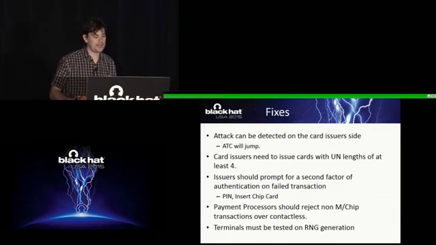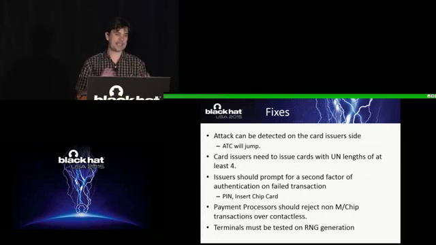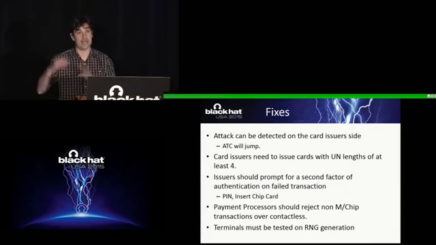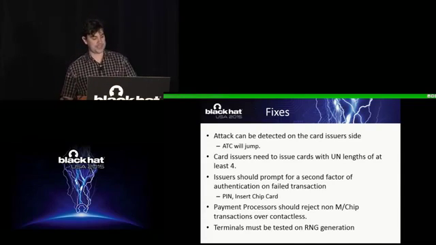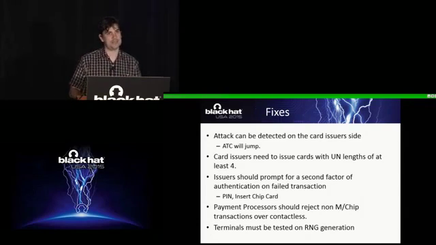So the fixes for these kinds of attacks is that the ATC, the application transaction counter, will jump in the field. This means that you can detect it on the processing side. The issuer should prompt for a second factor of authentication if that jumps.